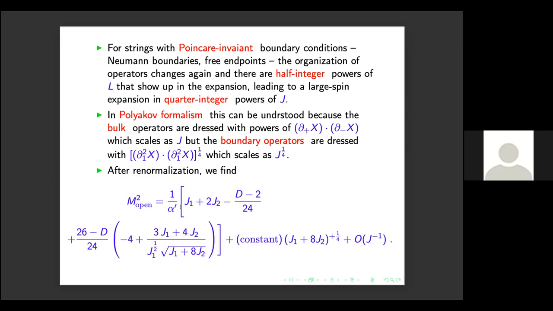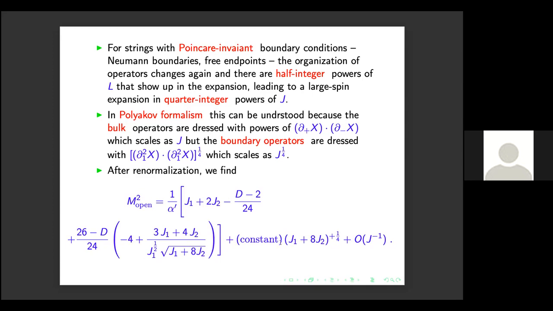And so again, you can quantize the open string. You get the classical energy from the Nambu-Goto action. You get a Casimir term, and then you get this weird-looking function of the 2 angular momenta proportional to D minus 26 coming from the anomaly term.